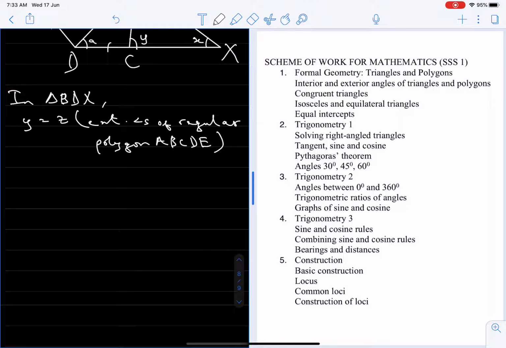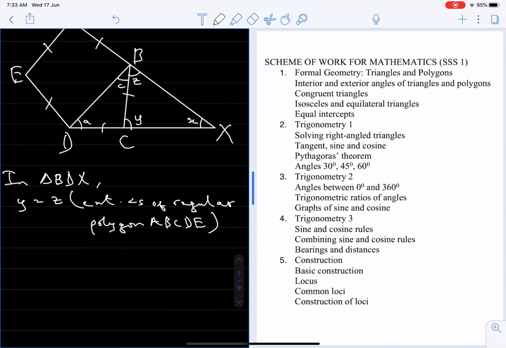The exterior angles of any regular polygon are equal. So Y and Z will be equal here.